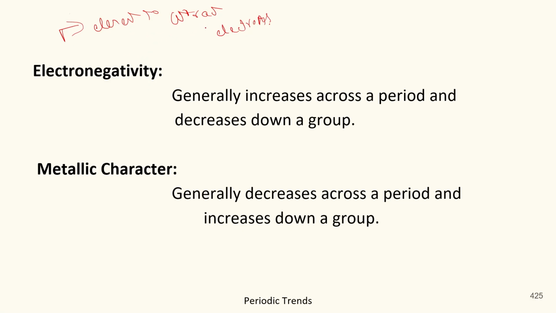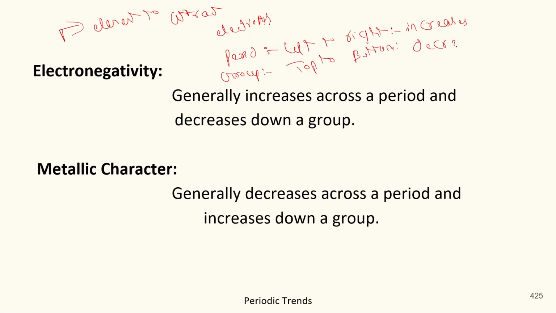Okay, so from left to right in a period, it generally increases. But in the group from top to bottom, it generally decreases. Got it?